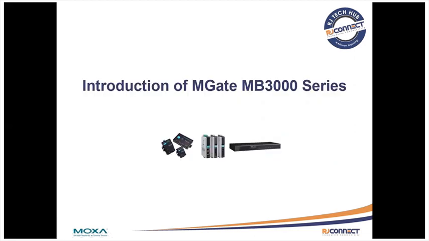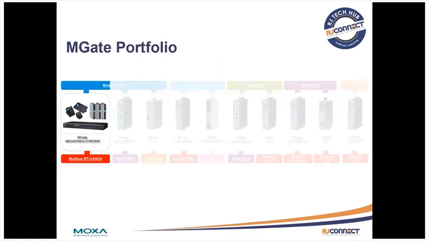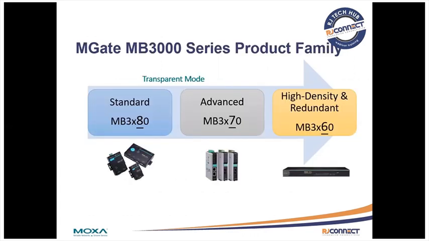So let's introduce the MGate MB3000 series. It's part of Moxa's MGate portfolio and converts between Modbus TCP and Modbus RTU. These are our transparent gateways. We've got 3 different model series, the 3080, the 3070, and the 3060 for high density and redundancy.